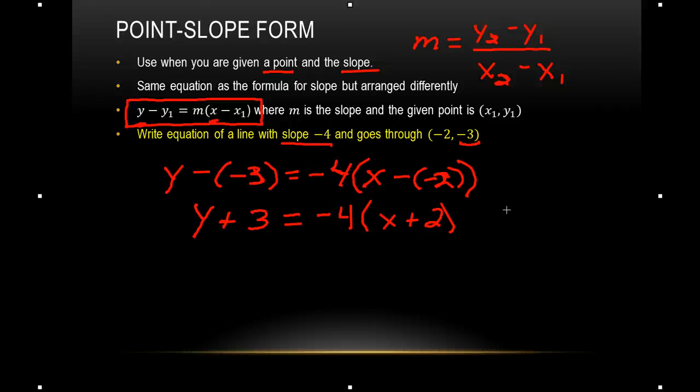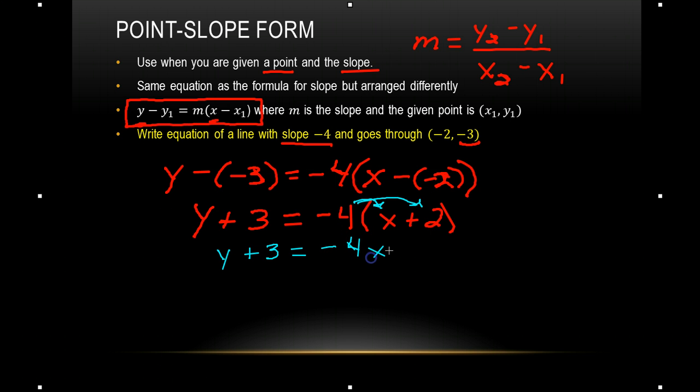Now, one of the things that I would do in this problem is clean it up, because maybe my answers don't look like this. Maybe my answers are in slope-intercept form. Then what? Well, then I clean it up by getting rid of my parentheses using the distributive property. So I'd have y plus 3 equals negative 4x minus 8.